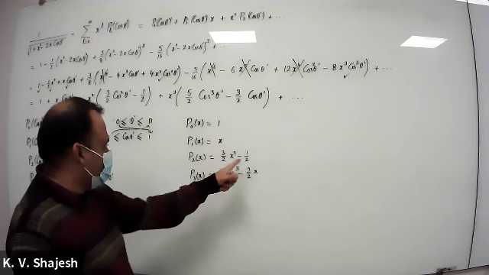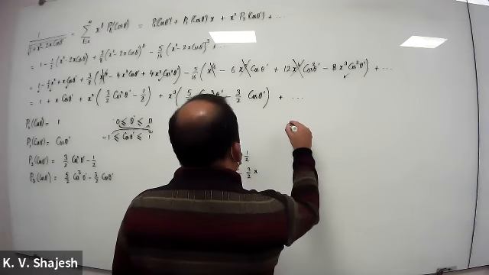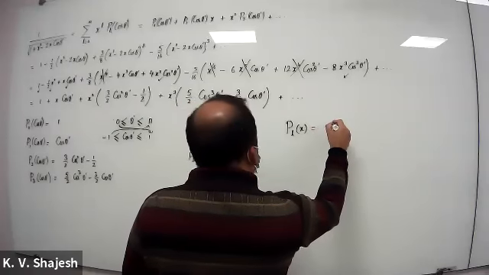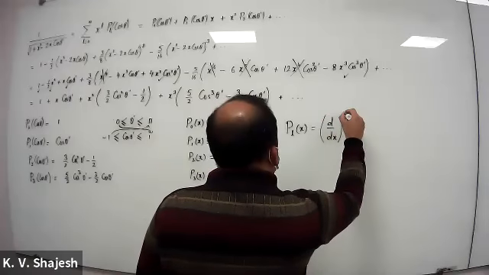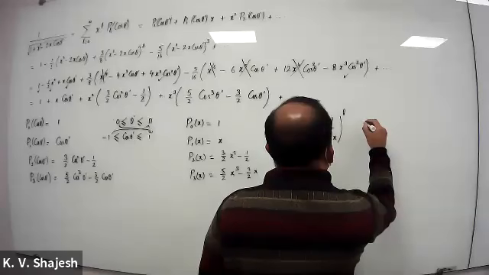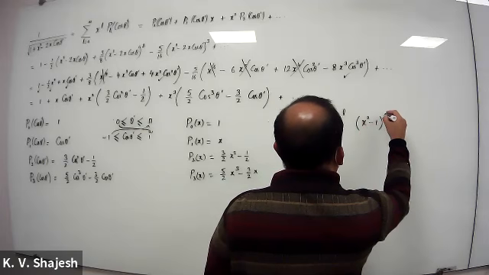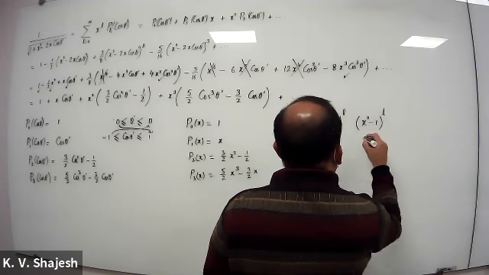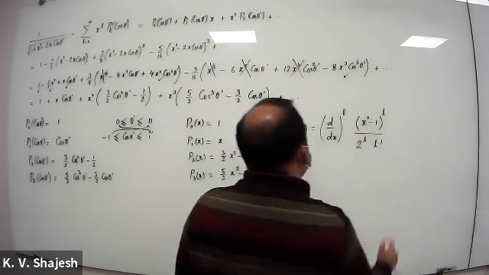But the general formula is P_L of x equals d by dx, taking derivatives L number of times, of x squared minus 1 raised to L, divided by L factorial.